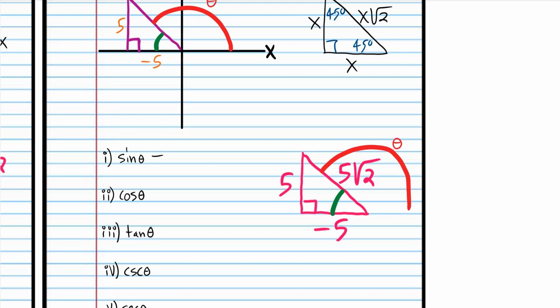Okay, so sine theta is the side opposite the green reference angle divided by the hypotenuse, and that reduces to 1 over root 2. Multiply both sides by root 2, and we get root 2 over 2.